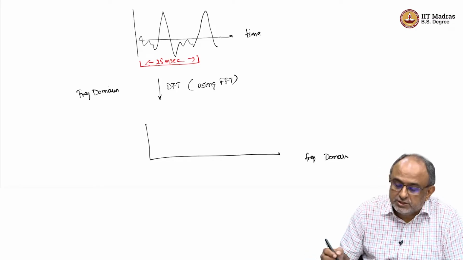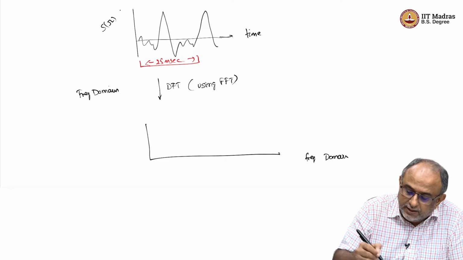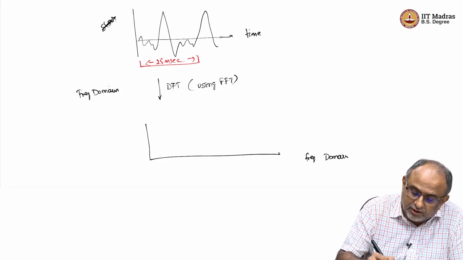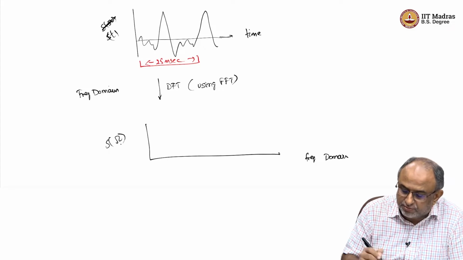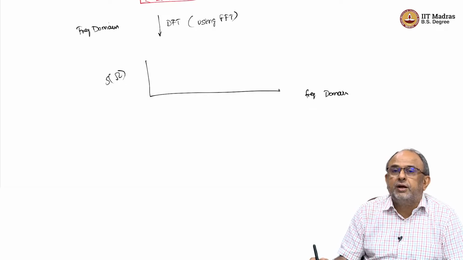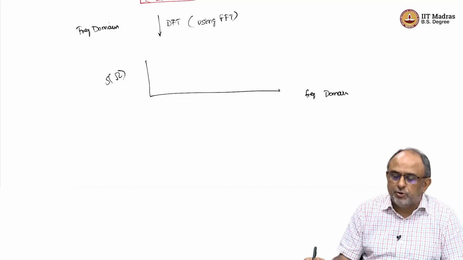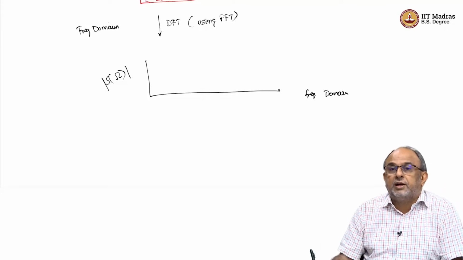This is S of t, and this is S of omega, my frequency domain. Then what am I doing? I am first of all taking only the magnitude.